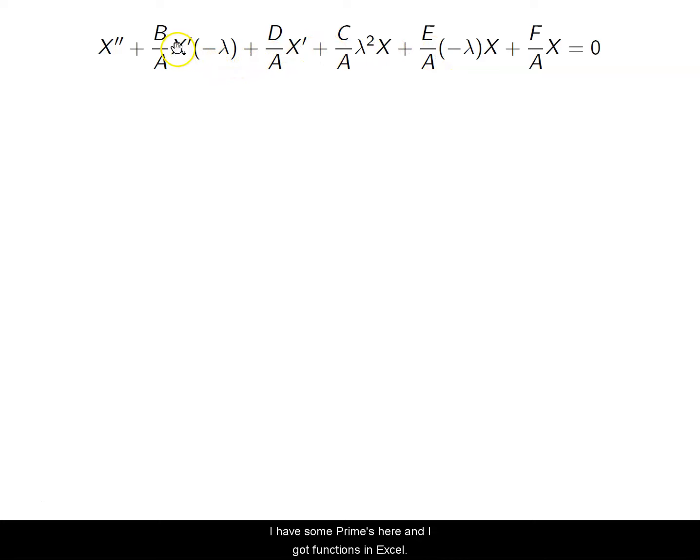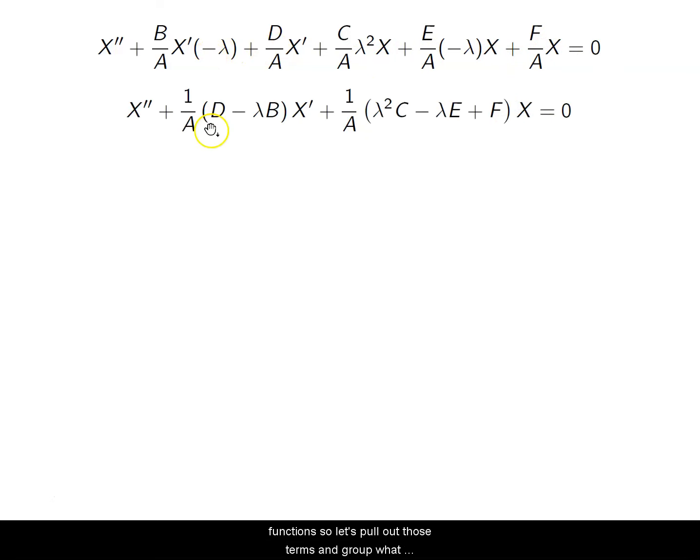I have some primes here, okay, and I have functions in x here. You can see they're already grouped together, right? And it's going in descending order: x double prime, my x prime functions, and my just x functions. So let's pull out those terms and group what we have together. I pulled out x double prime of everything.